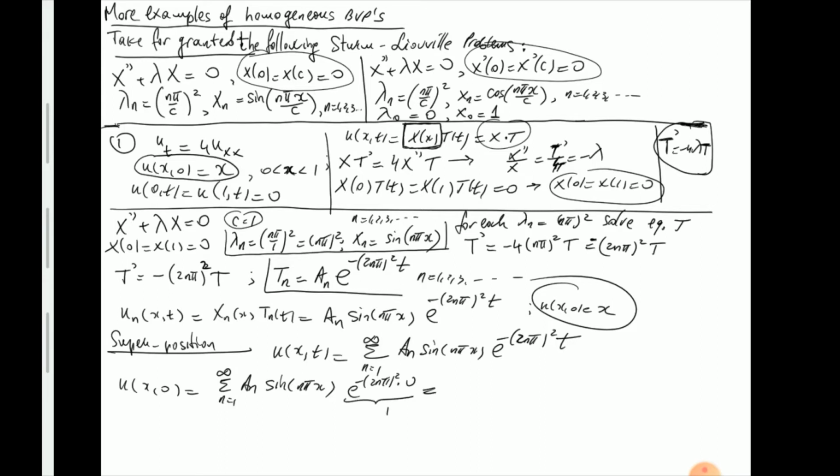So this becomes 1, and this should be equal to x. That means I need a Fourier sine series for x on the interval 0, 1 to determine a n.